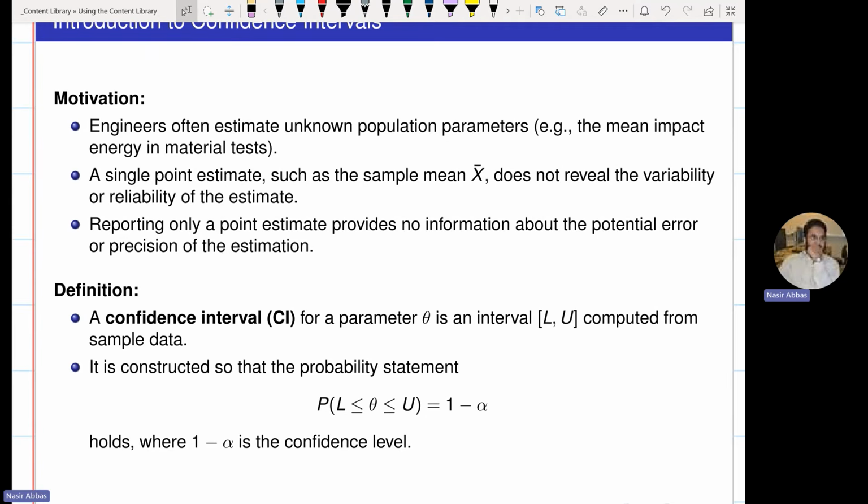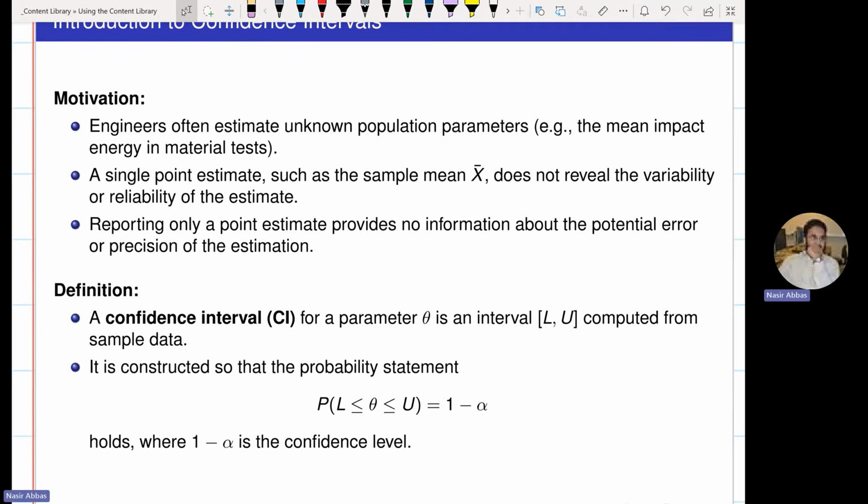Here, we will not say that the value of mu is around X bar. We will say it is between this and this. So instead of a single point, we will try to estimate the unknown quantity using an interval. And that interval will be between a lower limit and an upper limit. And you will report the corresponding chances of capturing the unknown parameter as 1 minus alpha.